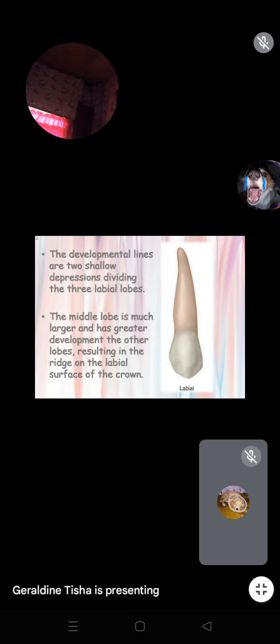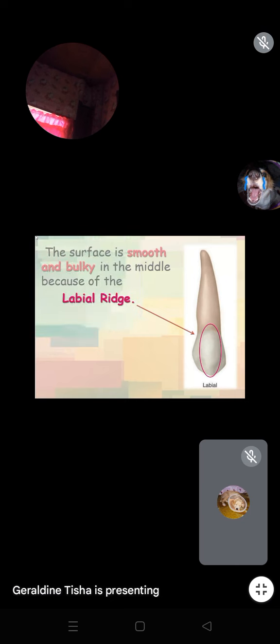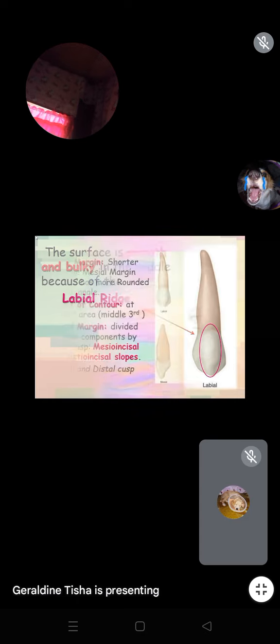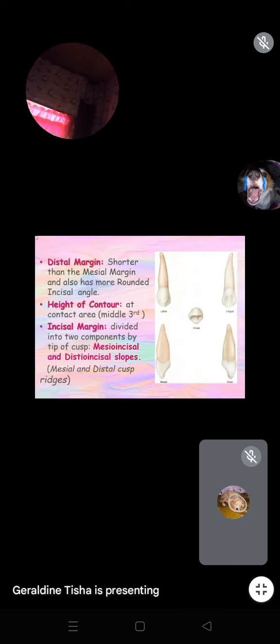The central lobe is much larger and has greater development than the other lobes, resulting in the ridge on the labial surface of the crown. The surface is smooth and bulky in the middle because of the labial ridge. The distal margin is shorter than the mesial margin and has a more rounded incisal angle. The height of contour is at the contact area. The incisal margin is divided into two components by the tip of the cusp.